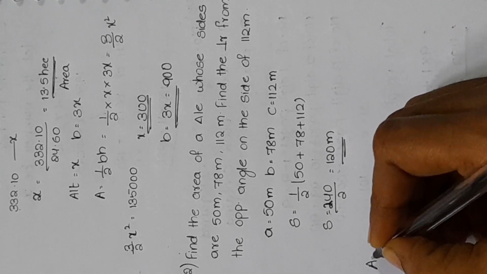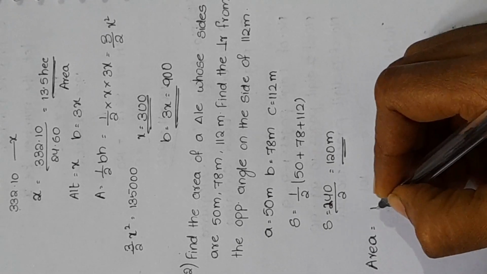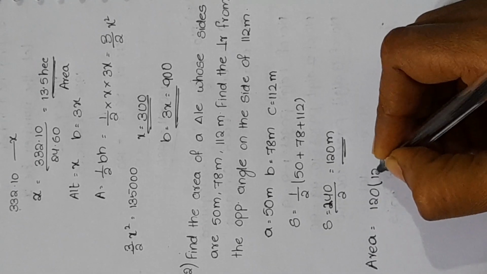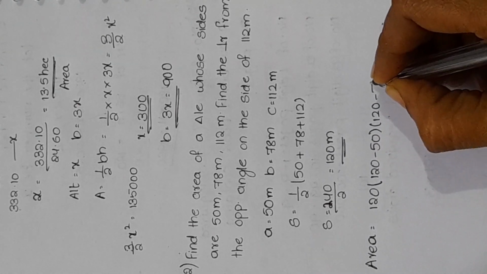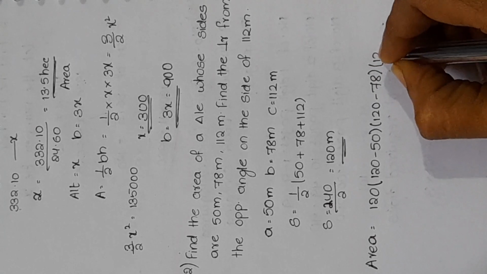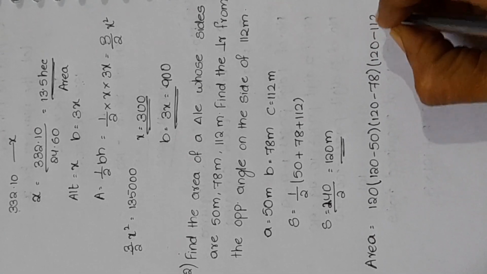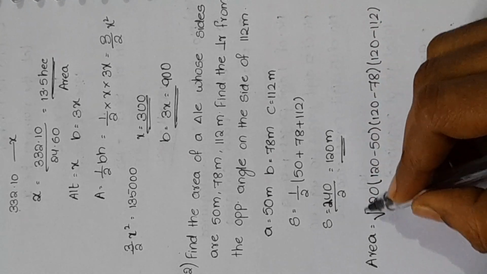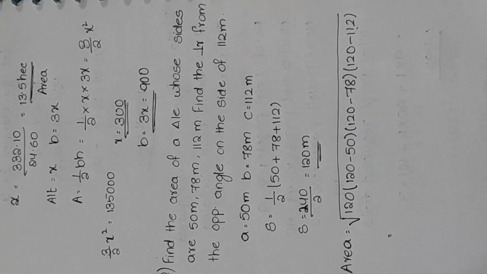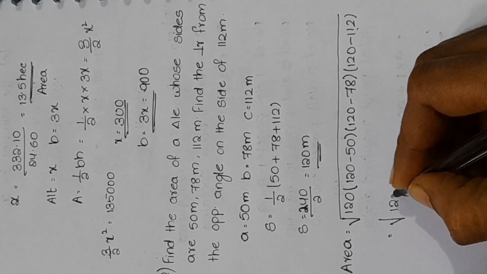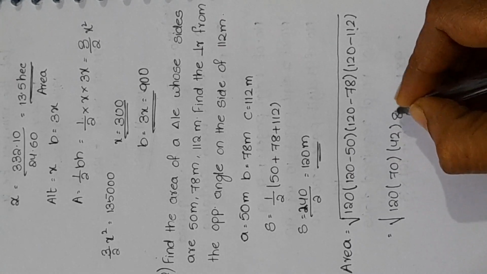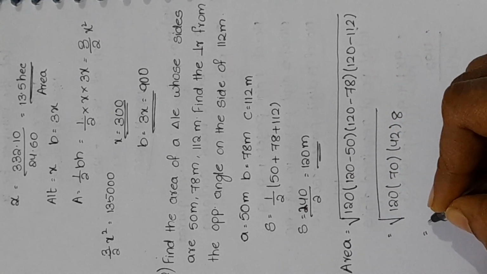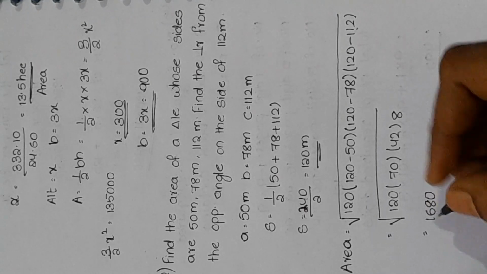From the formula, area is equal to root of 120 into 120 minus 50 into 120 minus 78 into 120 minus 112, all these should be in the root, which is equal to root of 120 into 70 into 42 into 8, which is equal to 1680.